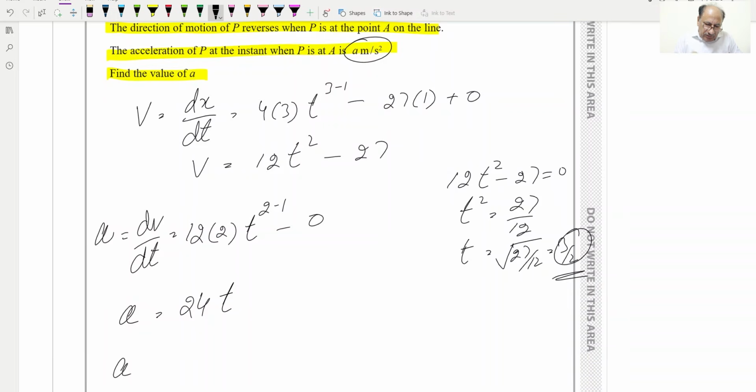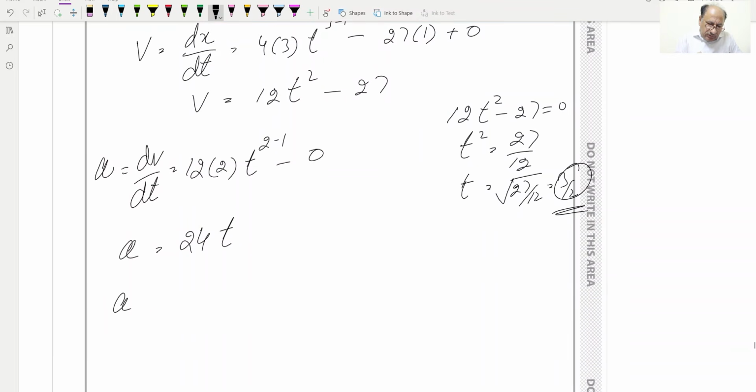So acceleration at t equal to 3 by 2 will be equal to 24 into 3 by 2, which is, we can cancel this as 12, 12 into 3, which will be 36.